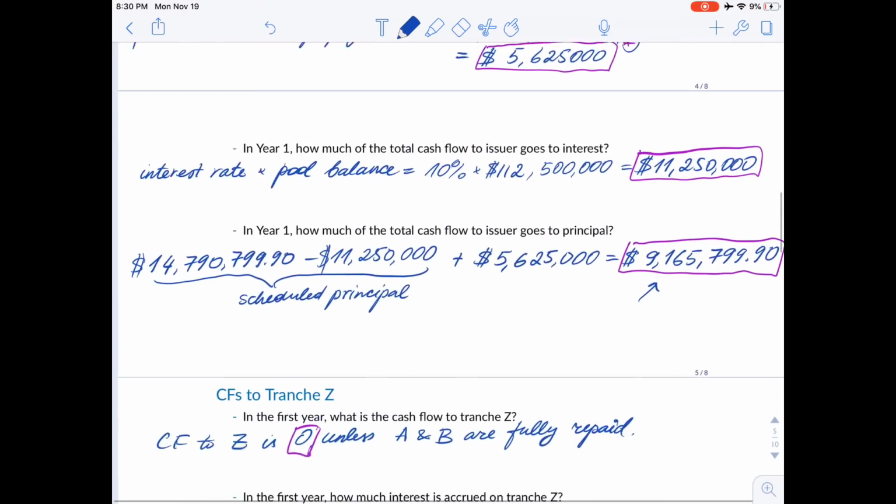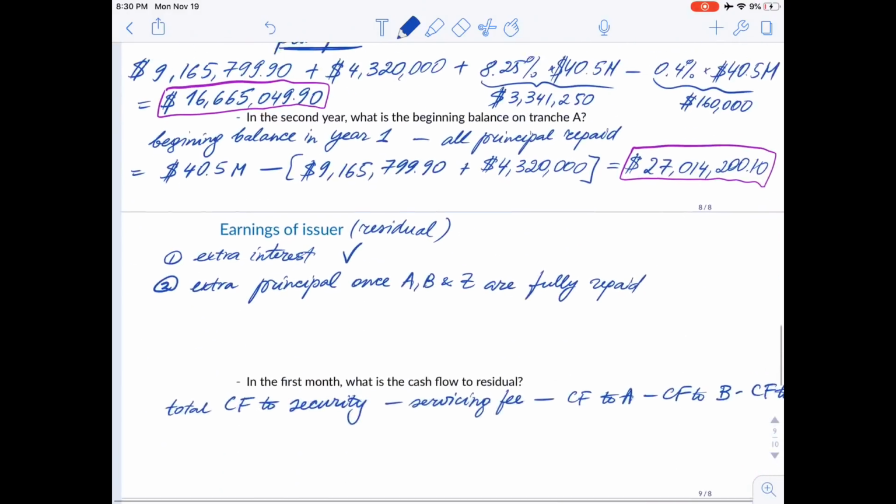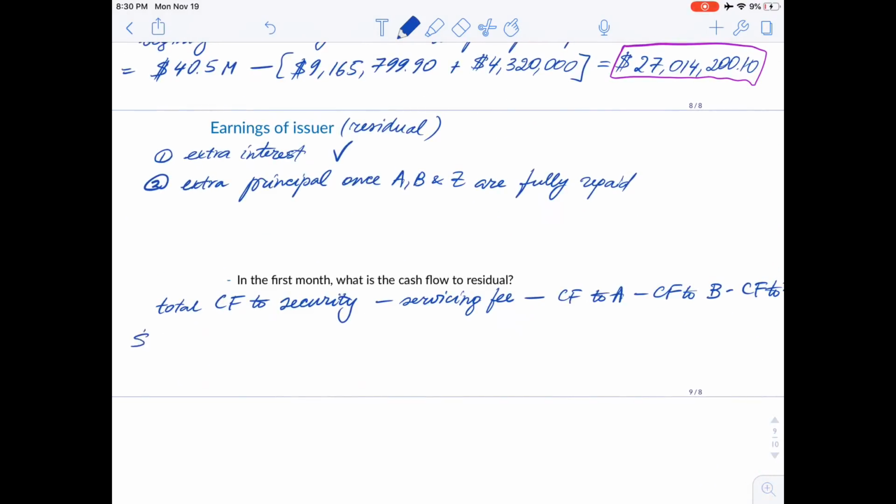So it's 14.79 plus the prepayment, which is $5,625,000.